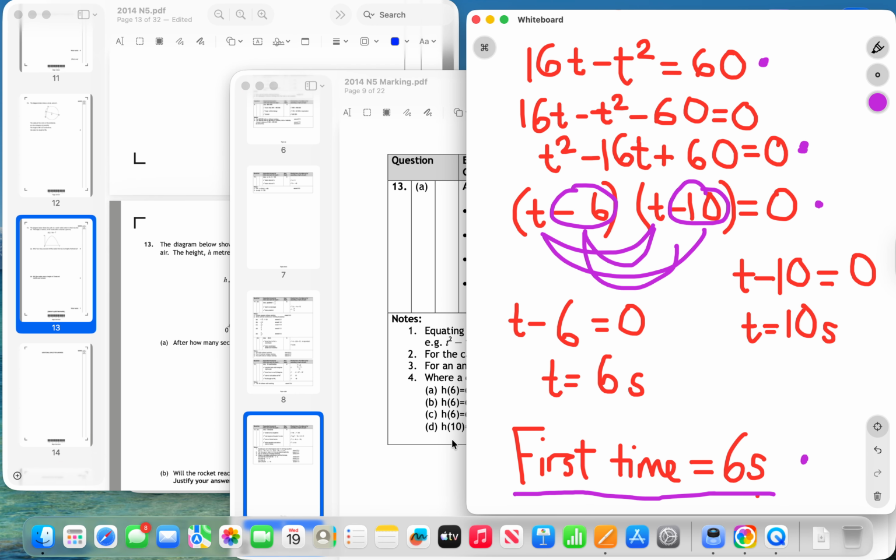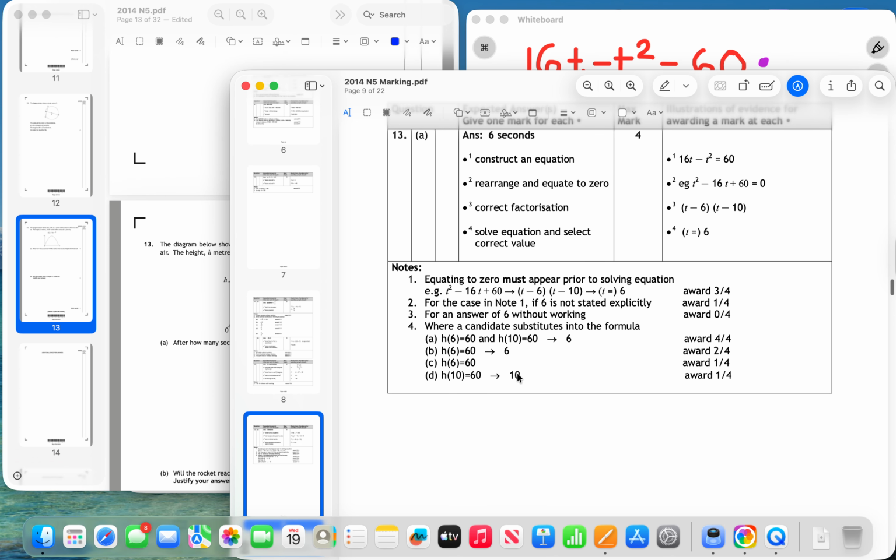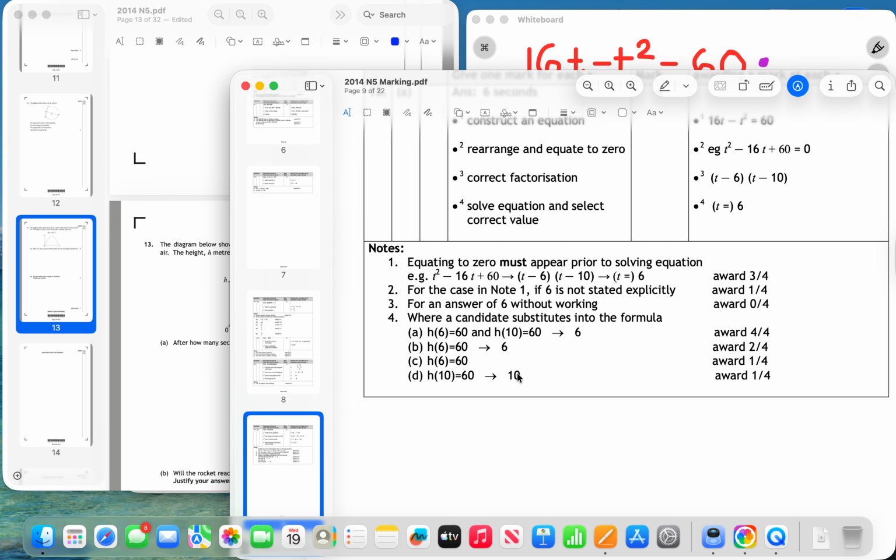And if we have a look at the notes at the bottom, I advise you to have a look at these when studying, because they explain the reasons why many pupils lost marks. So if you don't show the working, you get nothing, because the marker is looking to see, do you know how to solve a quadratic?